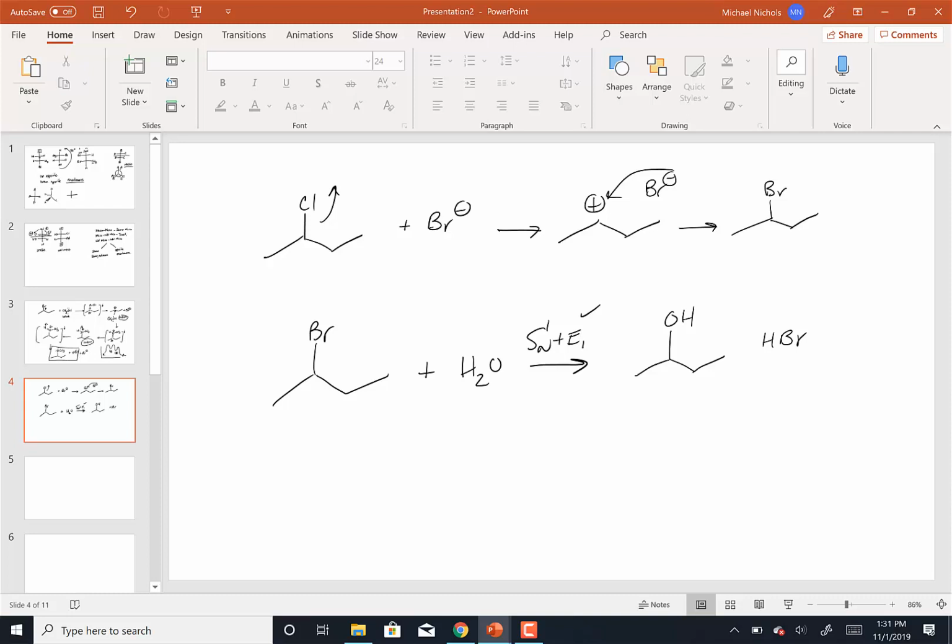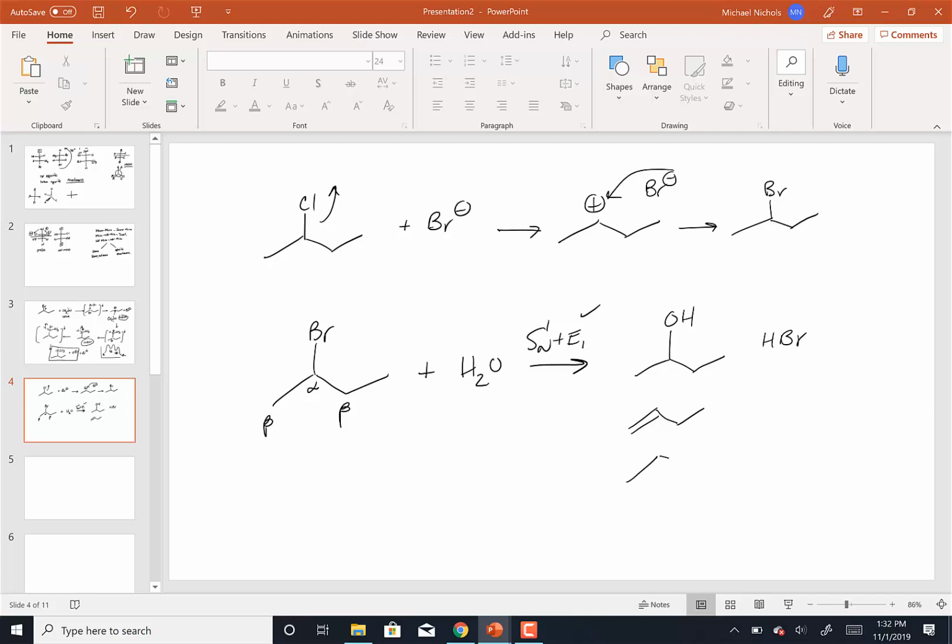Then for the E1 product, this is my alpha carbon. There's one beta carbon, two beta carbons. And so I would write a double bond between the alpha and each beta carbon. So I would look at this and say, okay, let's write the double bond to the first beta carbon.